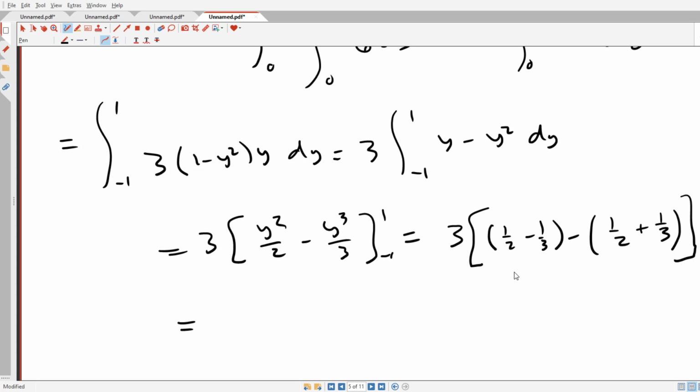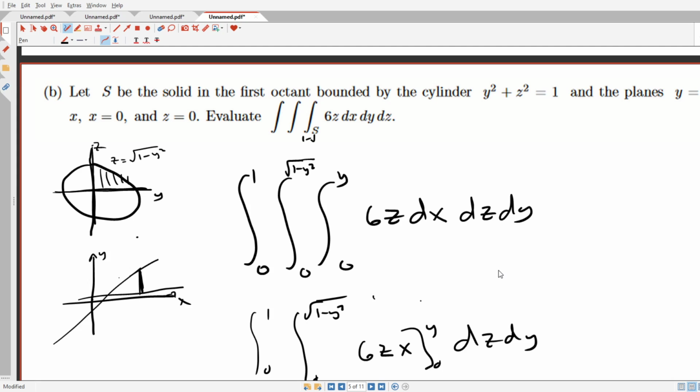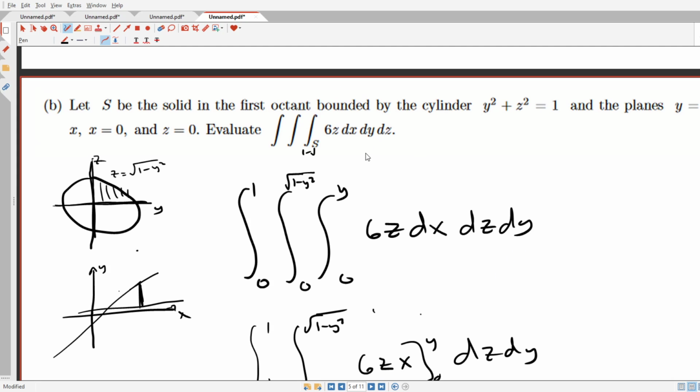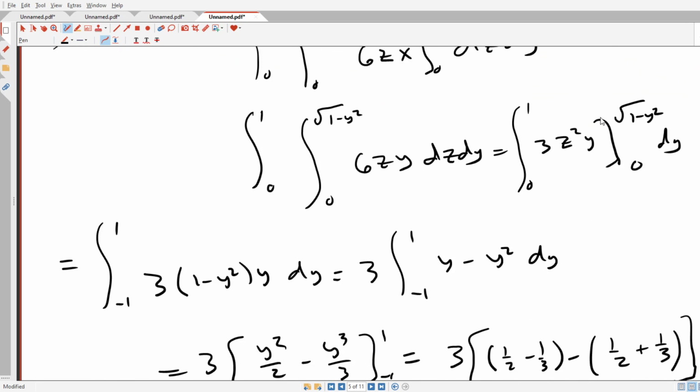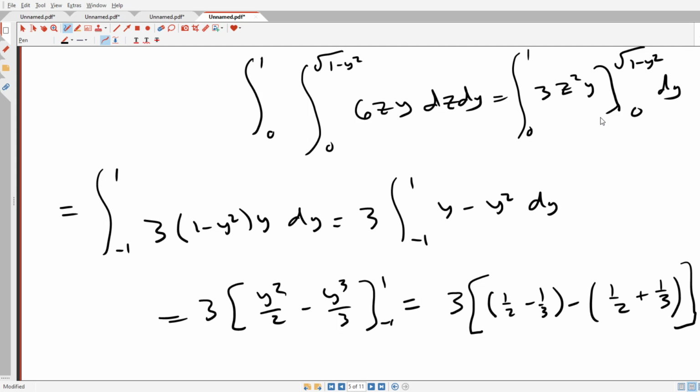Okay, so something is going on with my domain. Does anybody in the chat disagree with my domain? Because I don't agree with it. So we have the planes y equals x, y minus y cubed. Is that what I had? Oh, ha. Okay.